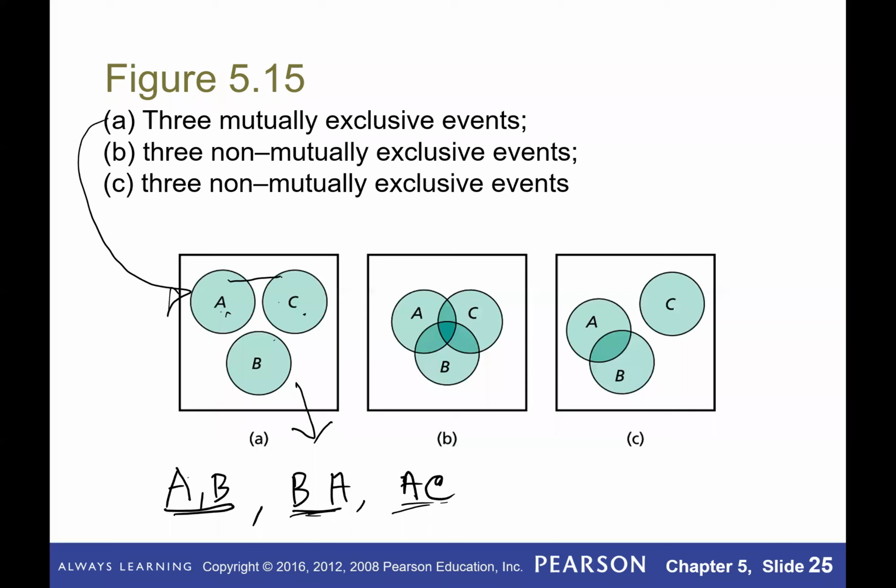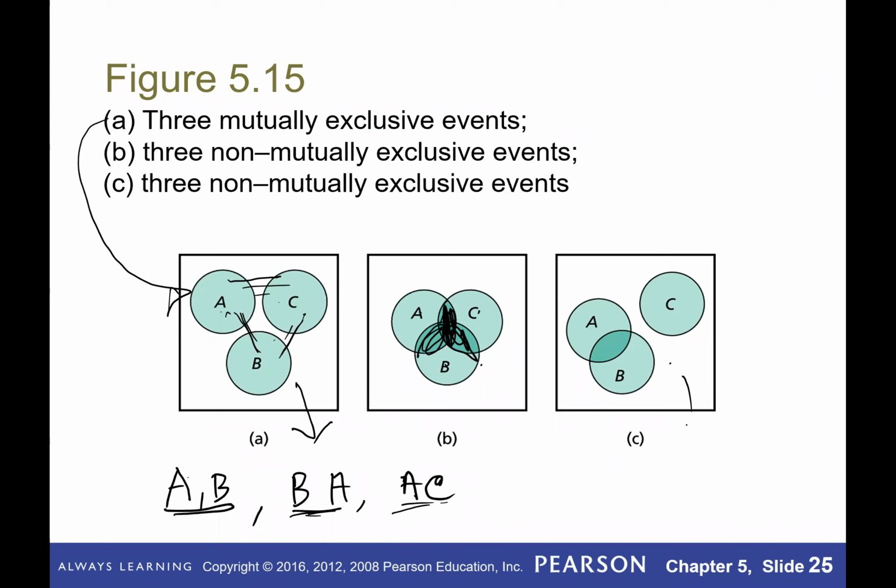So here AC didn't share, AB didn't share, BC didn't share anything. So that's why A, B, C are mutually exclusive. Here, AB shared some elements, BC also shared some elements, and AC also shares some elements. So that's why they are not mutually exclusive.